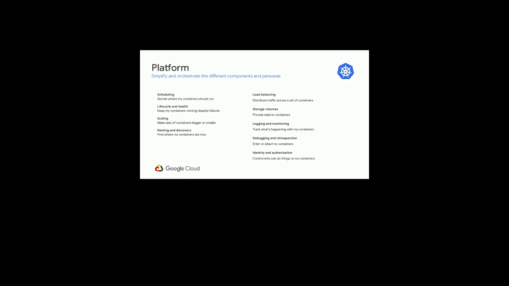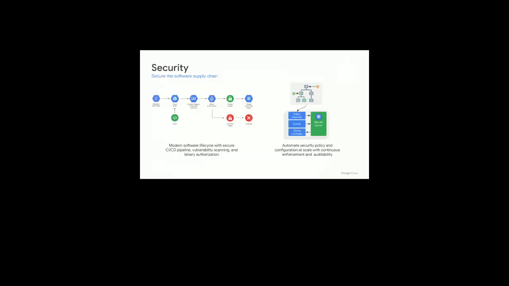In terms of security, we built tools to secure the application, so the whole delivery chain of the application is secured. Once you have your artifact, those artifacts can be scanned for vulnerabilities within the Google Container Registry.